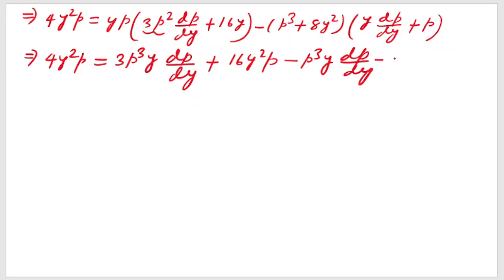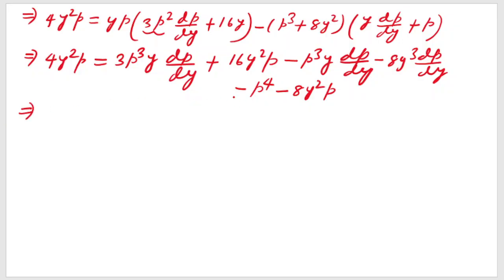Now minus 8y cube dp by dy, minus p into p cube, p to the power 4, and minus 8y square p. Okay, now let us do the simplification.